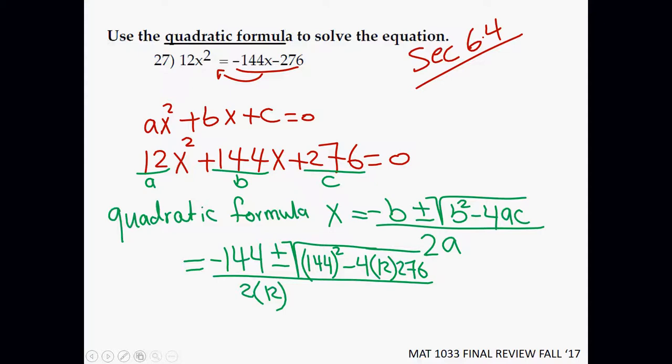You guys will learn how to use your calculator to plug those in: 144 squared minus 4 times 12 times 276, the square root. You get the first x will be negative 6 minus square root of 13, and the second one will be negative 6 plus square root of 13, which is C.